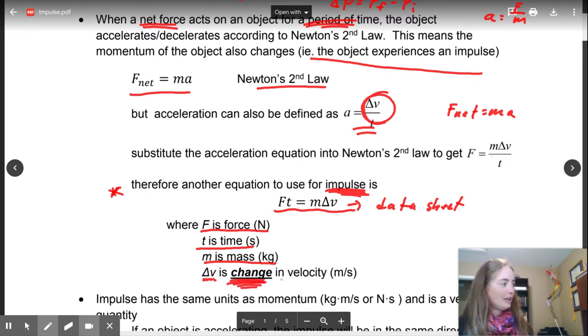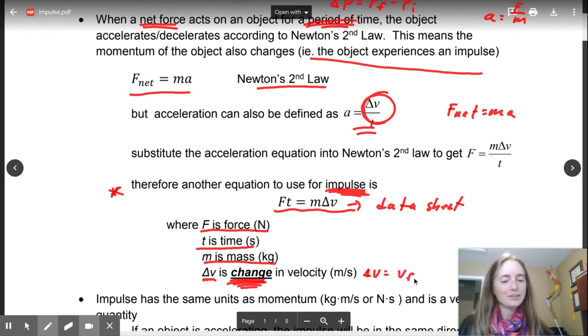So, ladies and gentlemen, what does that actually tell us? That our delta v is equal to vf minus vi. Okay, so that is going to play a role in your equations. Delta means change in. The deltas become very, very important, okay?